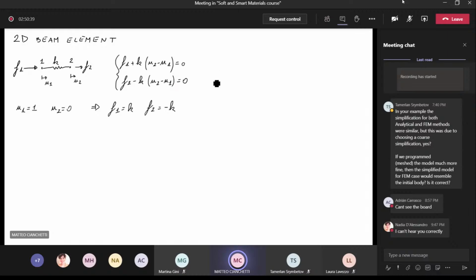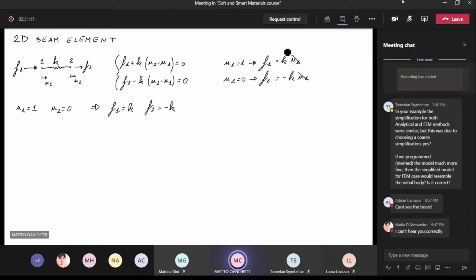If you have U1 equal to 1, it means that the first equation is just F1 equal to K U1, but U1 is equal to 1, so you have F1 equal to K. With the same argument, if you have U2 equal to 0, the second equation leads to F2 equal to minus K U1. But again, U1 is unit value, so it's minus K.